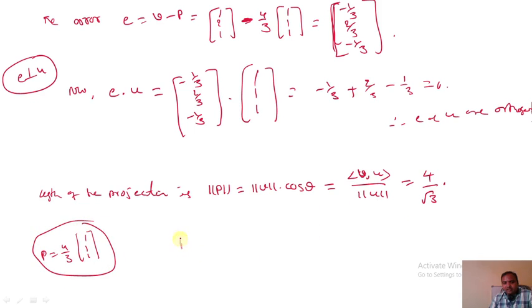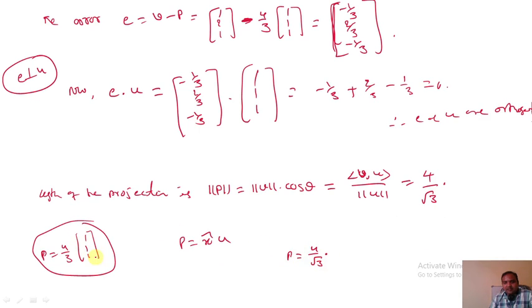The general projection is some scalar multiple x hat into u. The direction of u must be a unit vector, with some scalar. So now observe here, we got 4 by 3 into (1, 1, 1). What are the length and unit vector? The length is 4 by root 3, that means p equals 4 by root 3 times the unit vector.